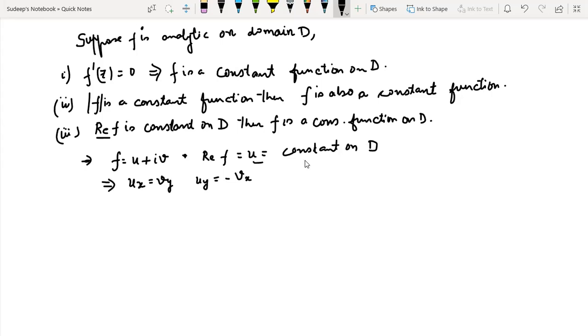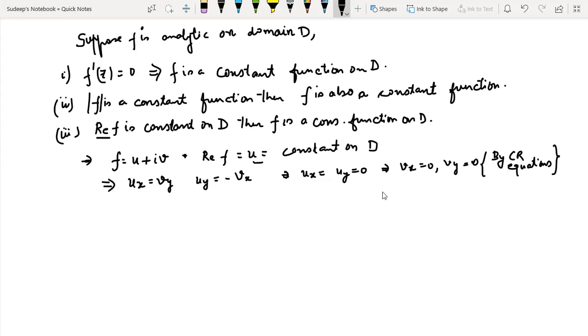And you already know that u is a constant. It implies ux is equal to 0 and uy is equal to 0, which implies that vx is equal to 0 and vy is equal to 0 by CR equations. So by Cauchy Riemann equations, we understand that all these first order partial derivatives must be 0.